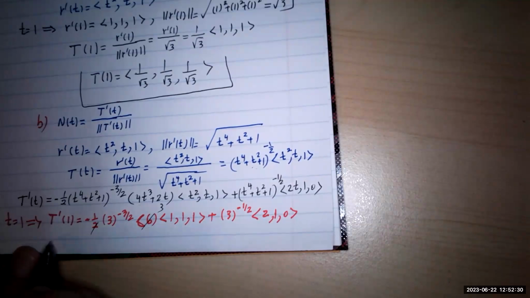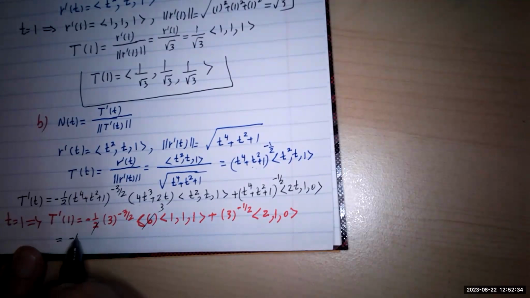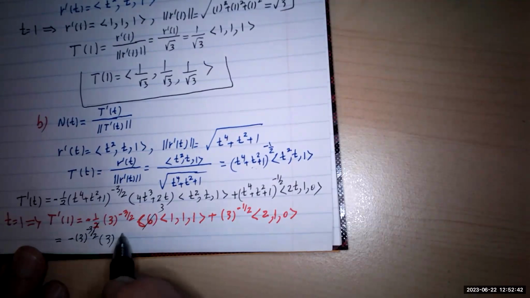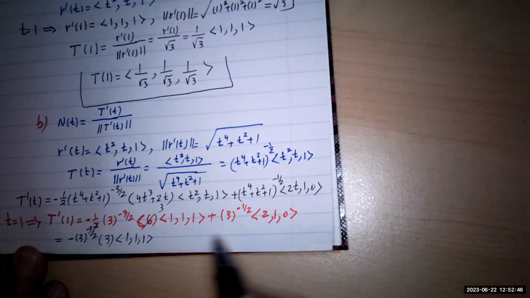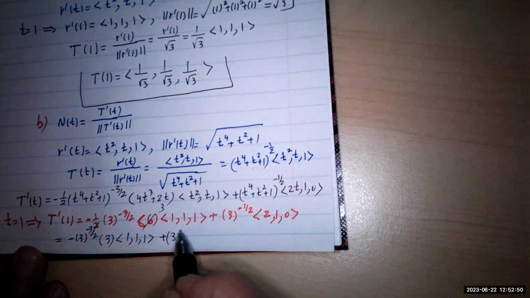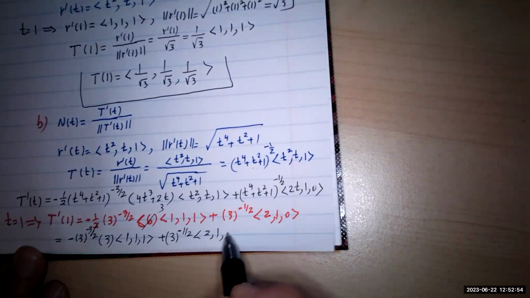I rewrite it, then simplify it. So I have negative 3 to the negative 3/2, times another 3 here, then the vector 1, 1, 1. Then over here, the same thing: 3 to the negative 1/2, then I have the vector 2, 1, and 0.